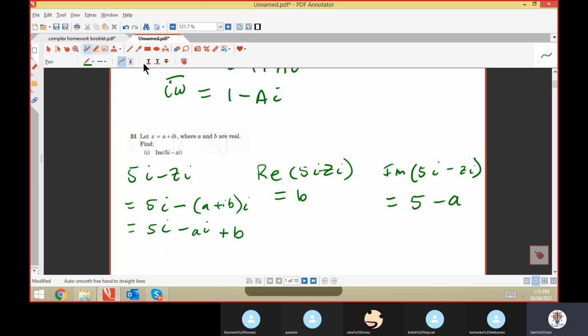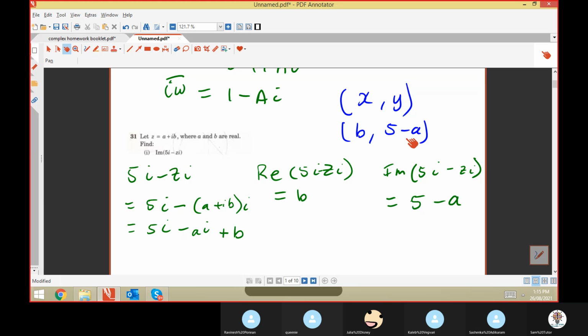It's like me telling you this, right? Think of a lot of your high school career, you've learned coordinates, x and y. So if I said x is b and the y part is 5 minus a, and I asked you what's the y part, you wouldn't have said it's 5 minus a y, right? You would have just said this term.